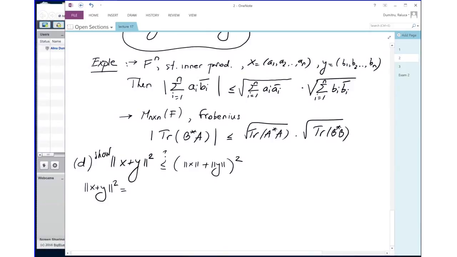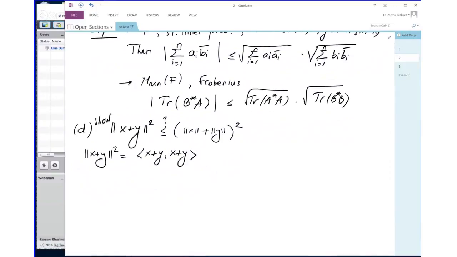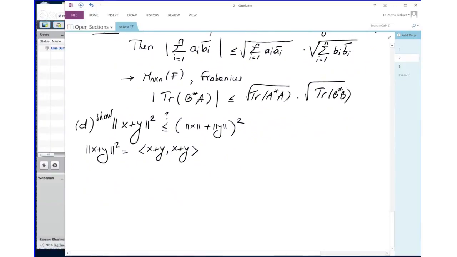Usually when you're dealing with identities or inequalities with norms, it's good to somehow come up with squares, because the square of a norm is the inner product between the vector and itself, and it's easier to work with. The norm of x plus y squared is the inner product between x plus y and x plus y. And now if you spread everything out according to linearity, what do you get? xx, xy, yx, and yy.